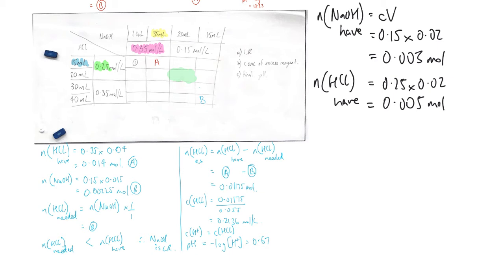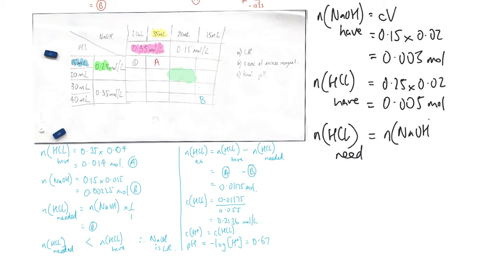Now remember, to work out the limiting reagent, you need to show that you are working with the number of moles of the same thing. So I'm going to work out the number of moles of HCl that I need to react with all of the sodium hydroxide.